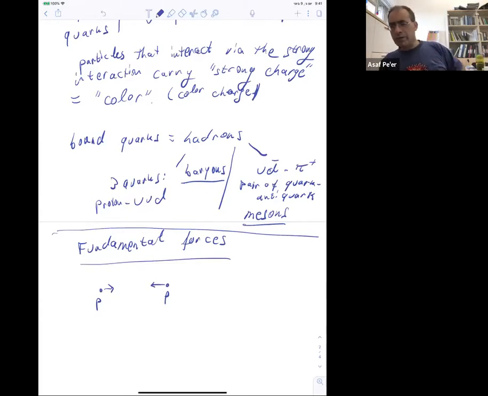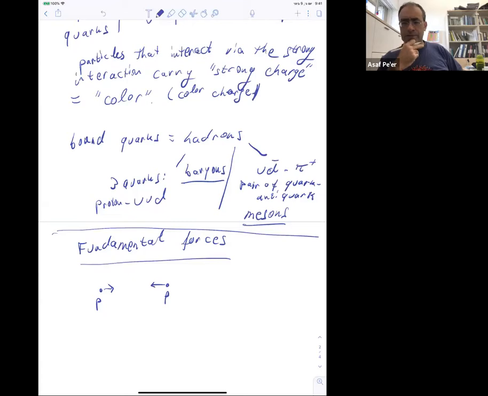This is what we do in classical mechanics, in E&M, even in quantum mechanics. But the problem with that is that it violates the special relativity, because it essentially assumes that the information about the existence of the two protons travels at infinite speed, namely faster than the speed of light.